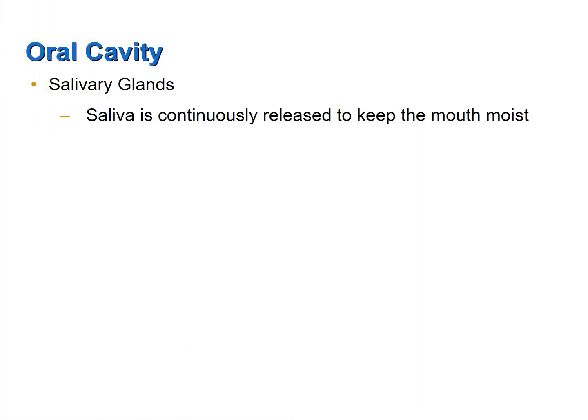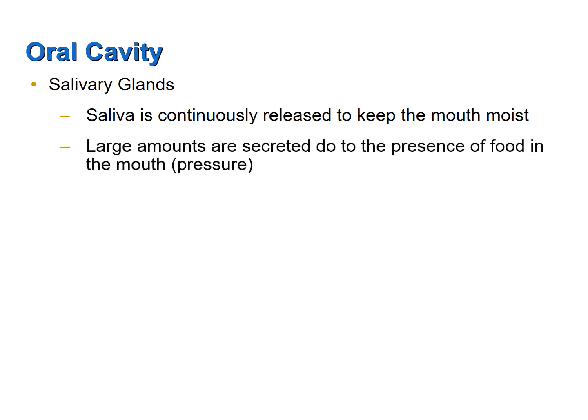Saliva is constantly being released from salivary glands in order to keep the mouth moist and also to help control bacteria. Of course, large amounts are secreted in response to pressure in the mouth, either from food or objects, such as when the dentist is doing dental work in your mouth.